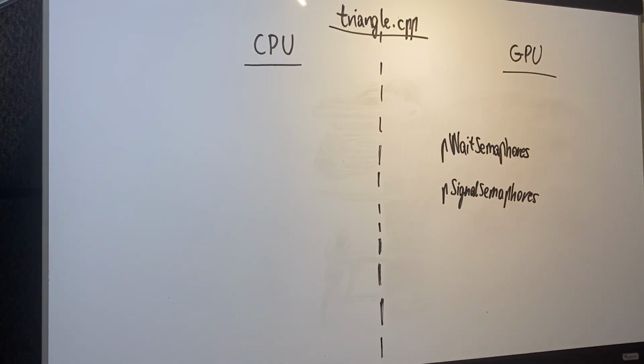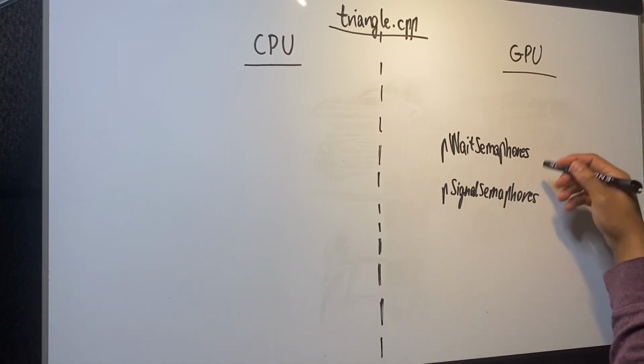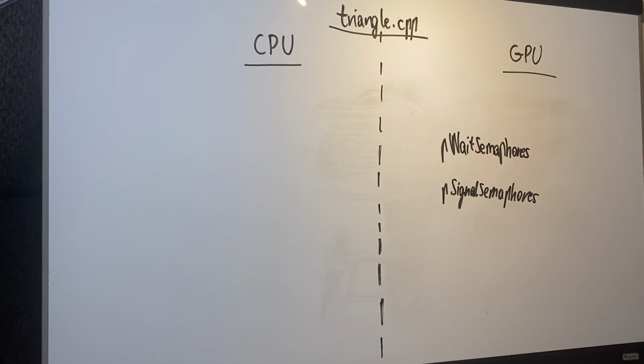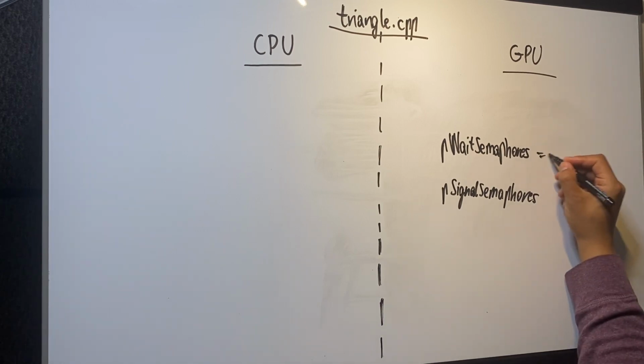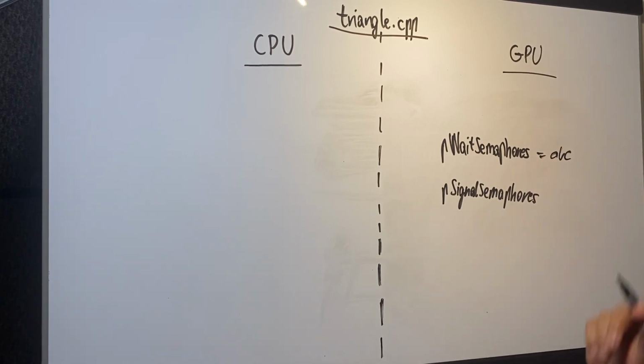So the P wait semaphore is basically a stipulation saying that, hey, don't execute on this command or command buffer or what have you until this semaphore ABC is complete, right?